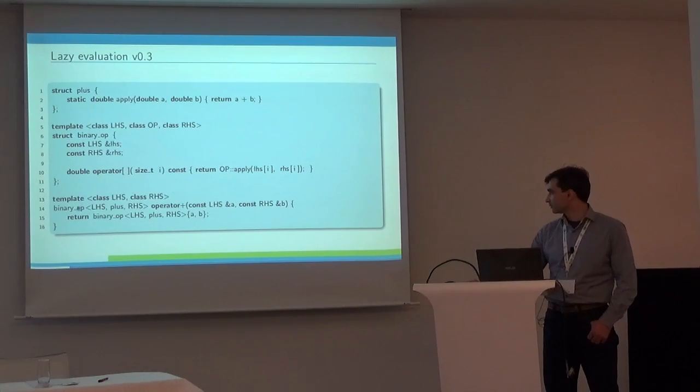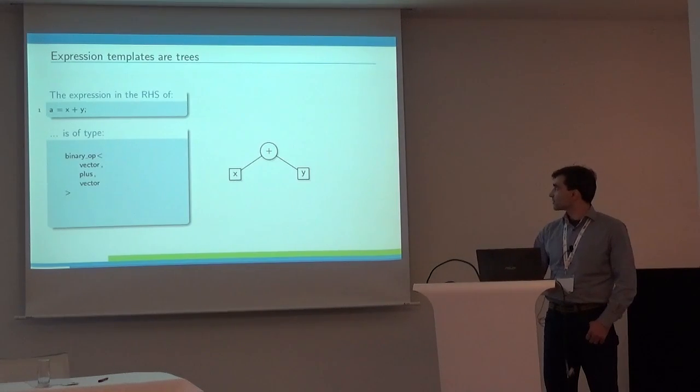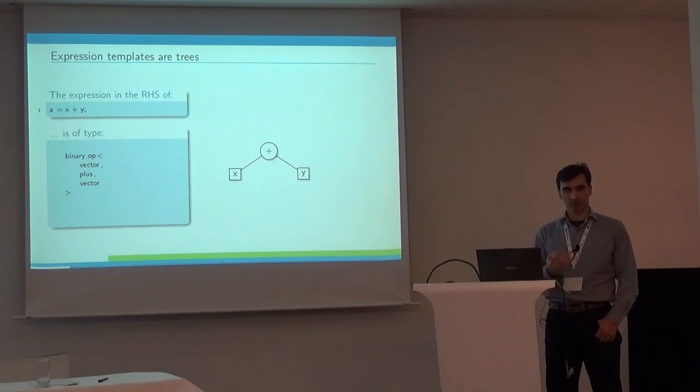Yeah, and this is for the addition operator, we just return a binary operation between the left-hand side and right-hand side with a plus operation. And we provide similar overloads for all other binary operations. So this struct binary operation is called an expression template because it just encodes the expression that you got out of a C++ compiler, right?